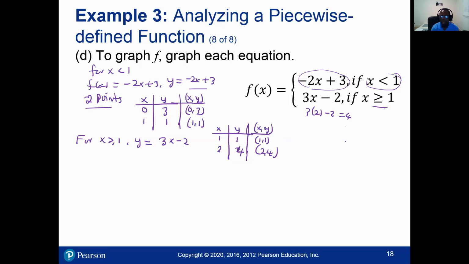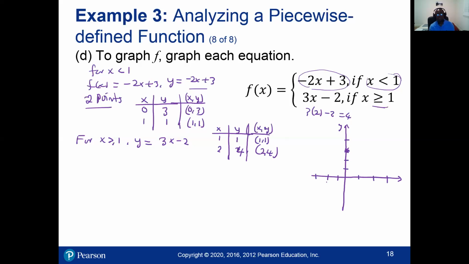So we can draw a graph here. We have 1 and 2, 1, 2, 3, 4. All right, so let's plot these points. For the first one, we have 0, 3, which is this part.